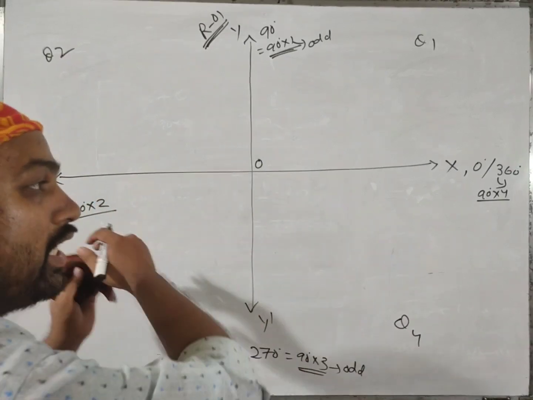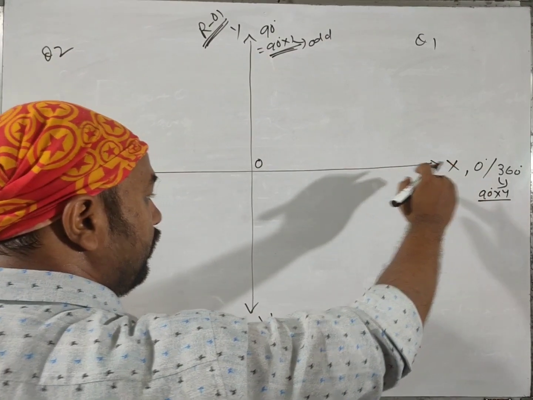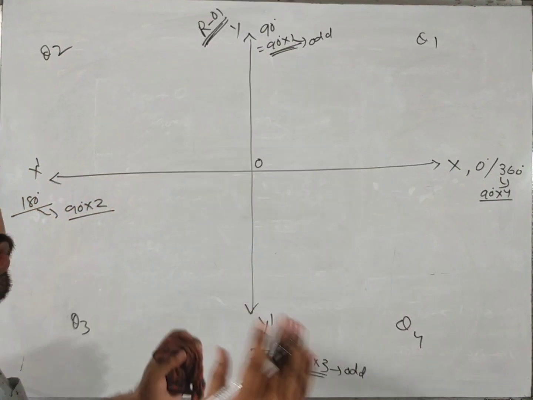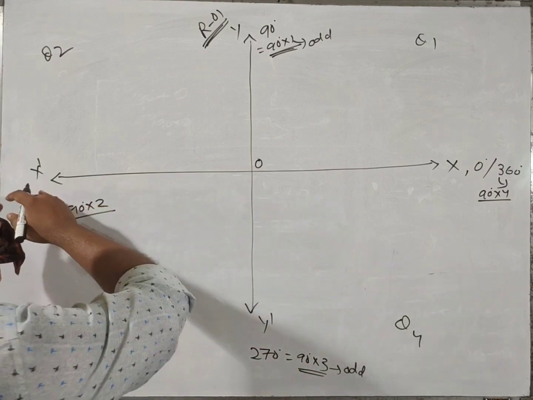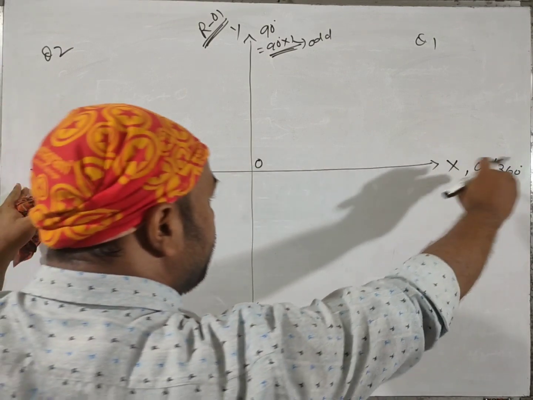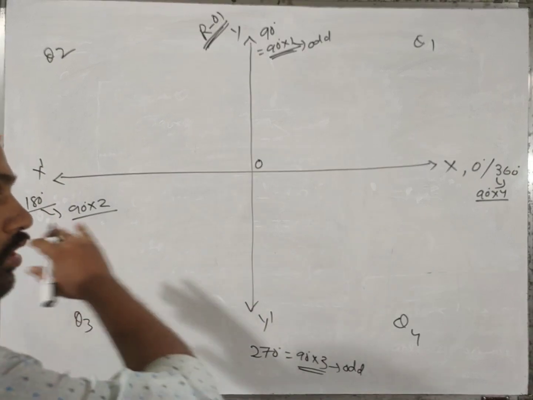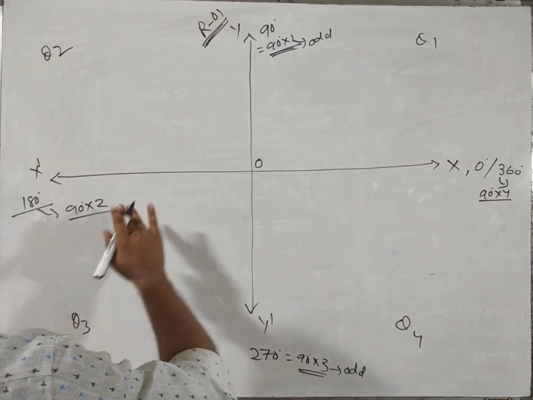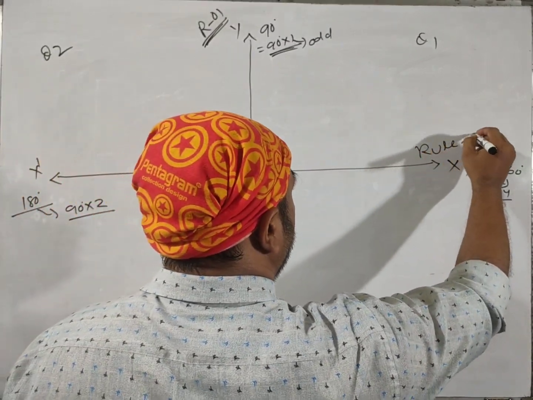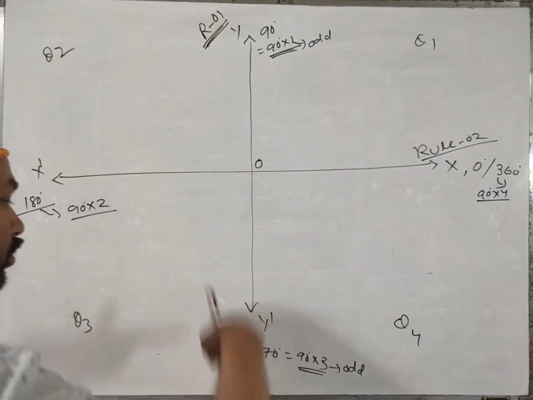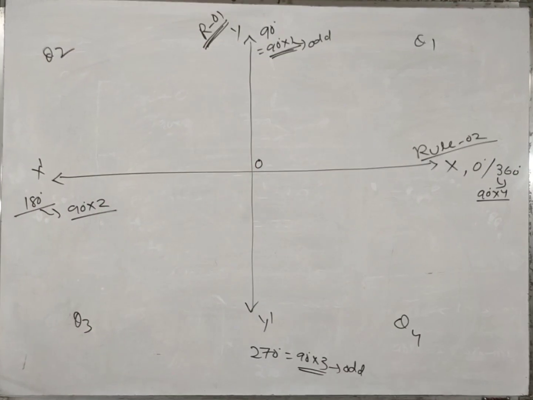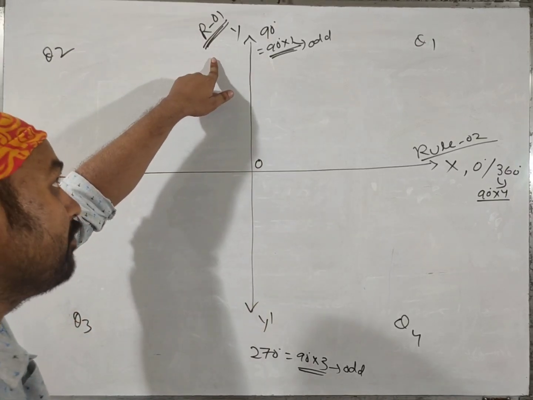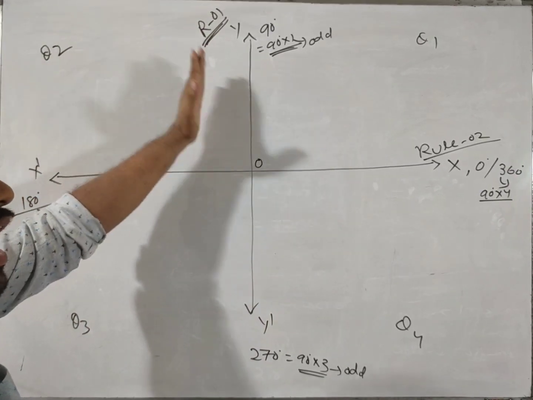The angles which are related to the x-axis direction, whether positive or negative, remain unchanged because they are even multiples of 90 degree, and here rule number 2 is applied. And for the angles related to the y-axis, both the positive and negative directions, rule number 1 is applied and the trigonometric functions are changed.